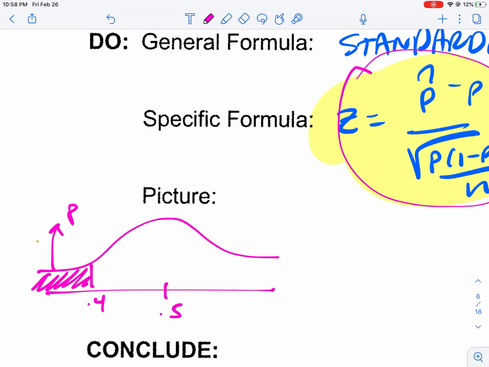In statistics, this difference right here of negative 2.68 z-score, or 2.68 standard deviations, is the same likelihood as having something that's 2.68 standard deviations above 0.5, which means that we are equally likely to get 60% as we are to get 40%. And the reason is because in our curve, they are symmetrical. So the probability that I get 40 or below is the same exact probability of getting 60 and above.